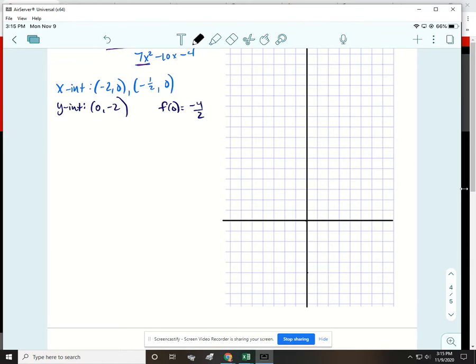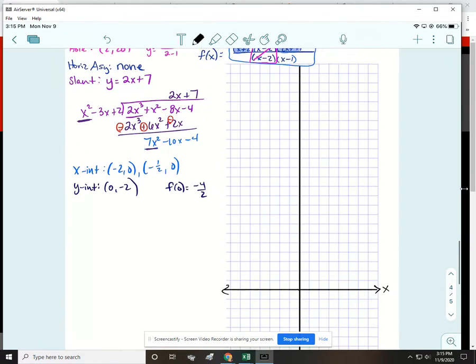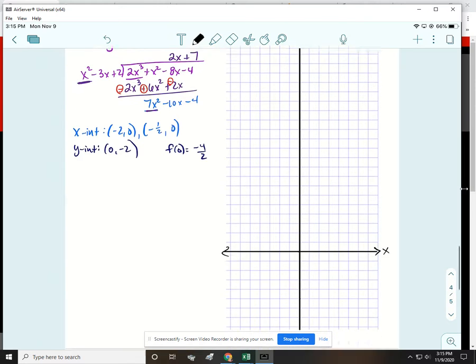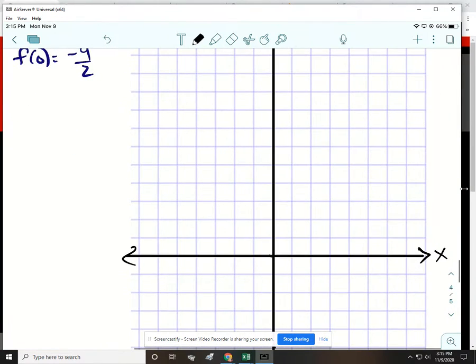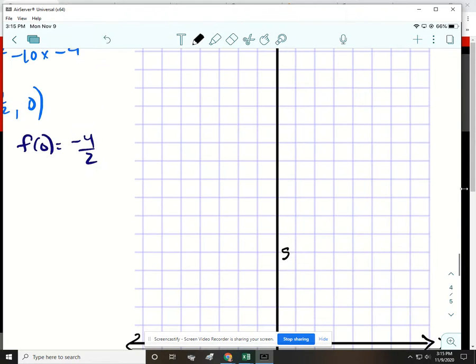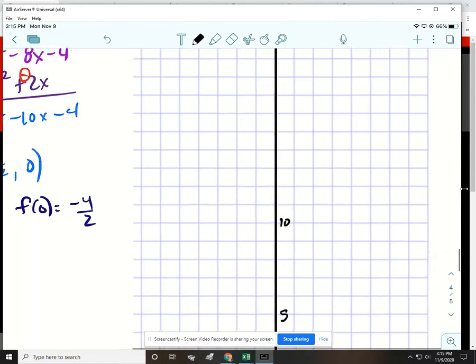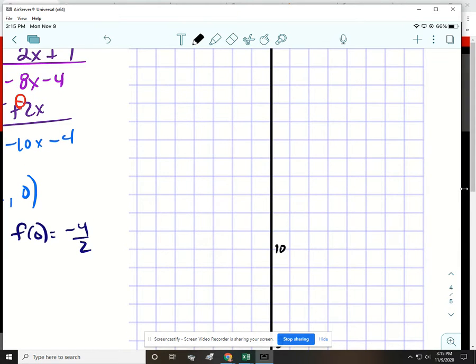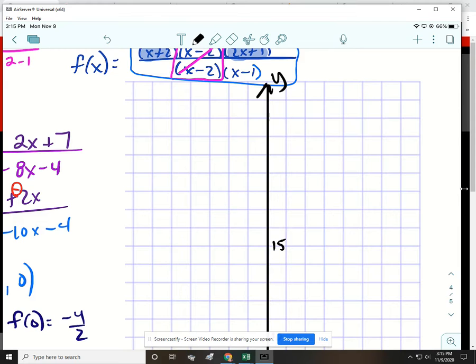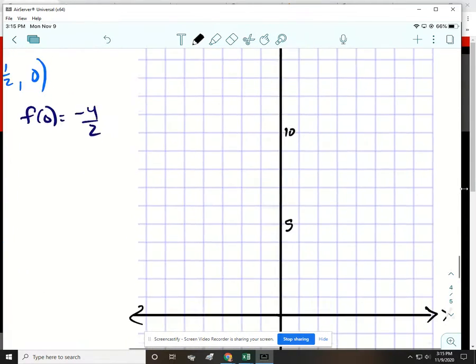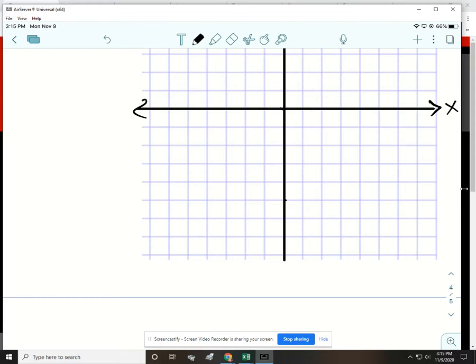I only know this because I've already done this one. And I know I have to get up to 20, so I counted appropriately to make sure I got to 20. And then I'm just going to count by 5. I'm just going to label every 5th grid. There we go.